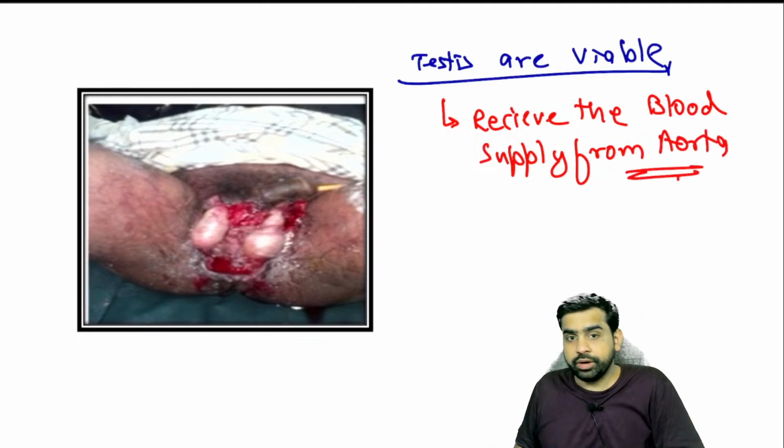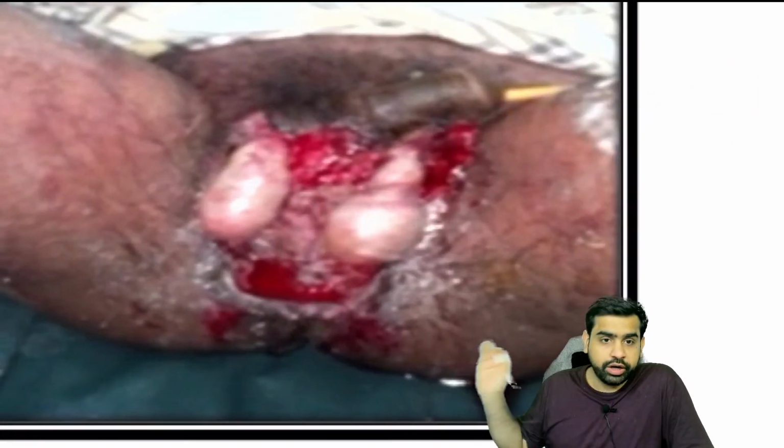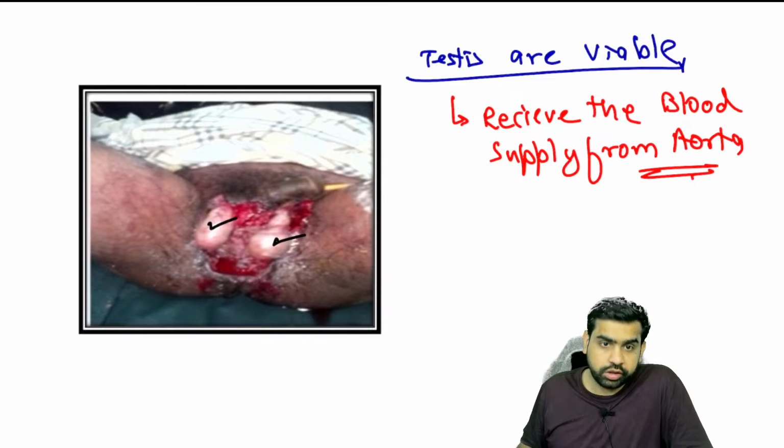So you debride and remove all the dead necrotic tissue, but these testes are viable in these patients. This is again important. After the debridement, this is how it looks.